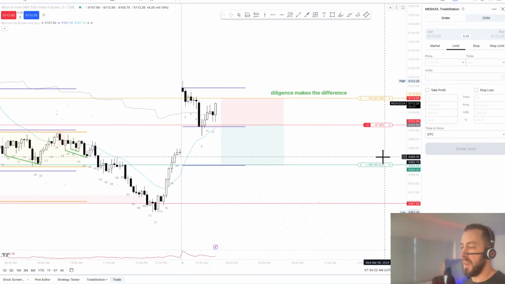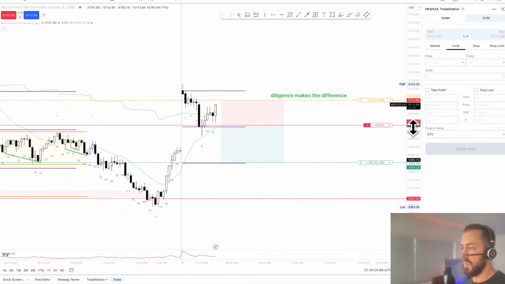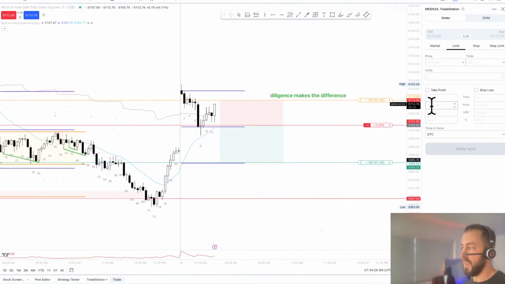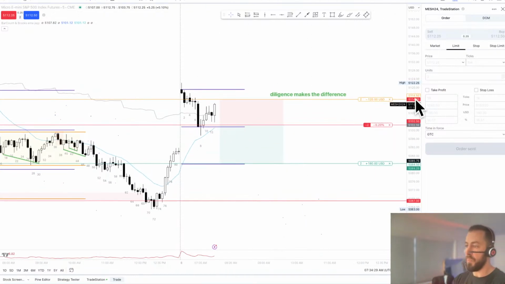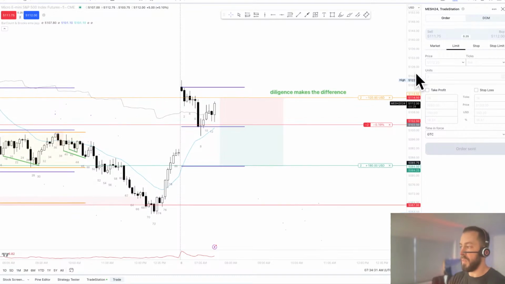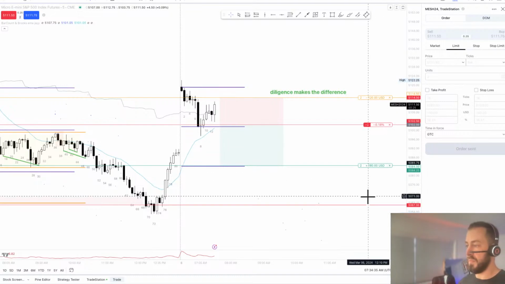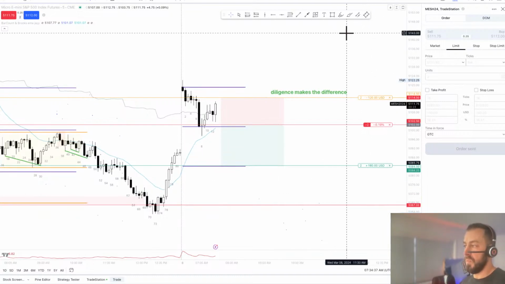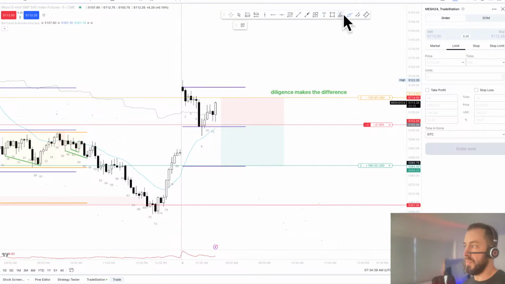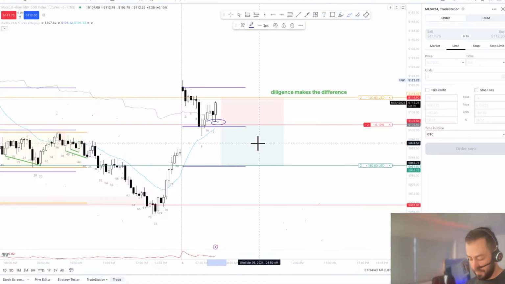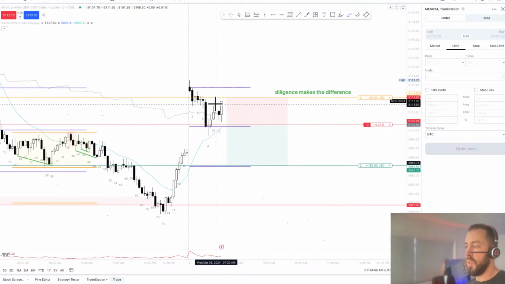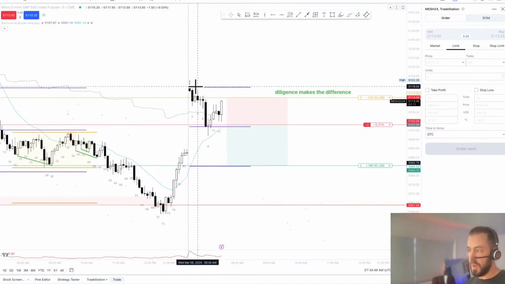Bulls getting the breakout to the upside. So if we get stopped dead here, we'll just reassess. What you have now is a higher low, right here. You had a lower high here, right?